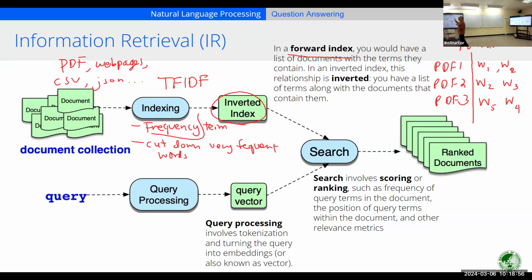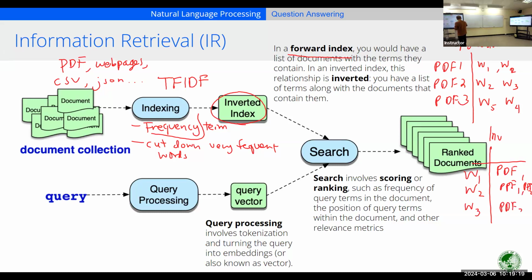You don't want to know which document has what. So what is an inverted index? Inverted looks like this. Word 1 is inside PDF 1. Word 2 is in PDF 1 and 2. Word 3 is in PDF 2.